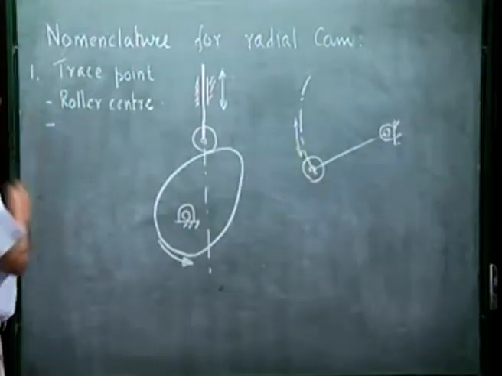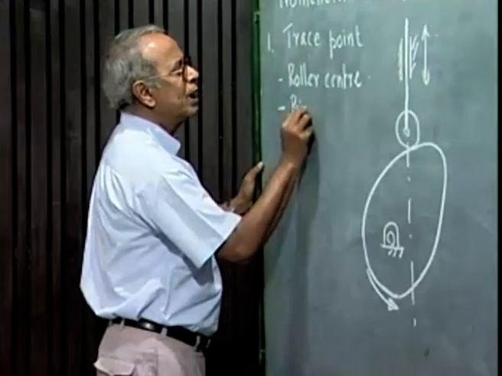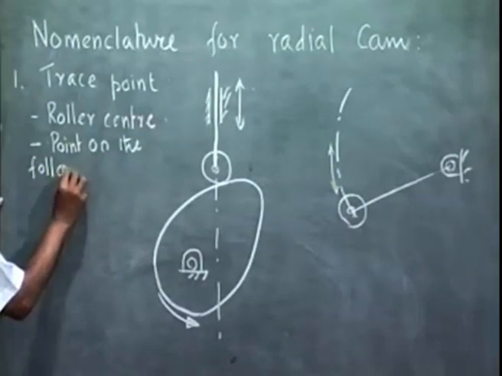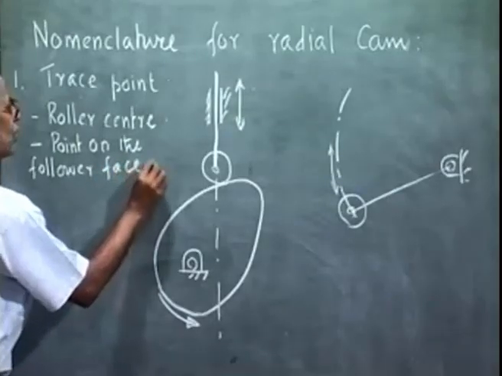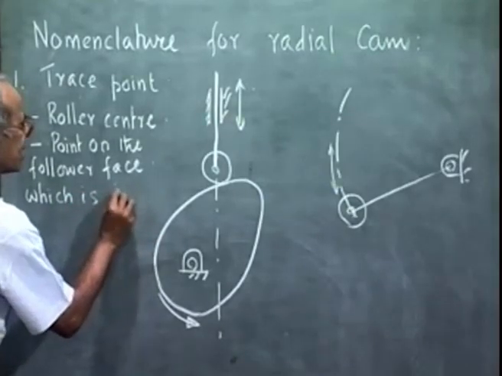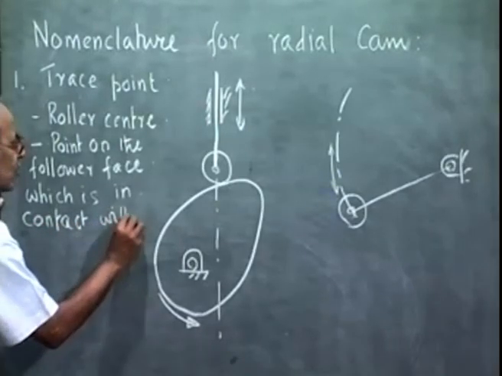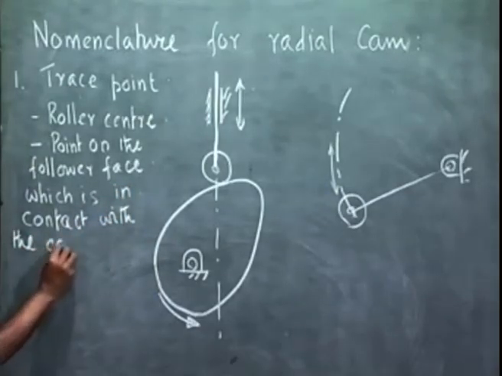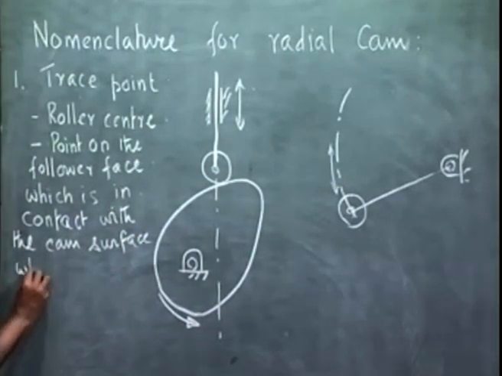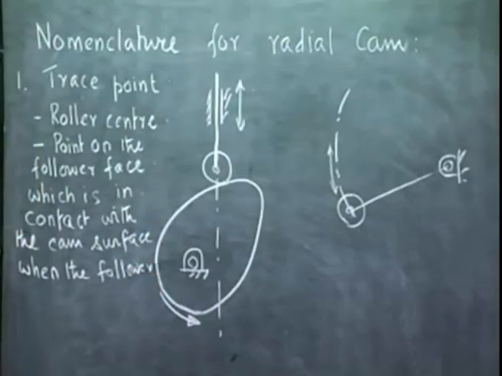If it is a flat face follower, then the trace point we use is the point on the follower face which is in contact with the cam surface when the follower is at one of the extreme positions.